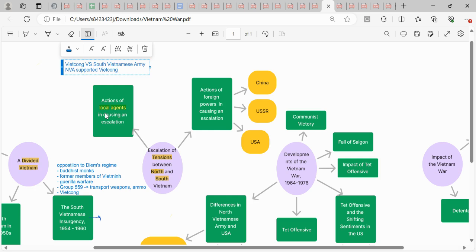They attacked American Air Force supply bases. So maybe we just add that in: Viet Cong attack South Vietnamese bases and U.S. supply bases.